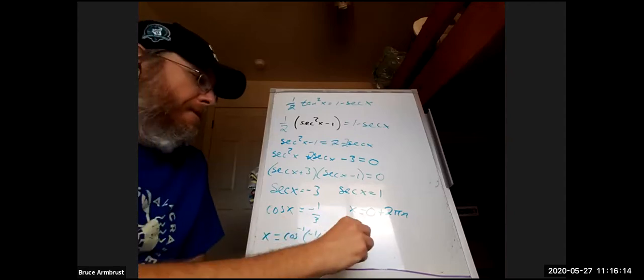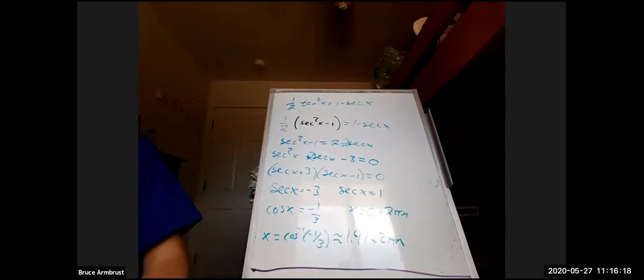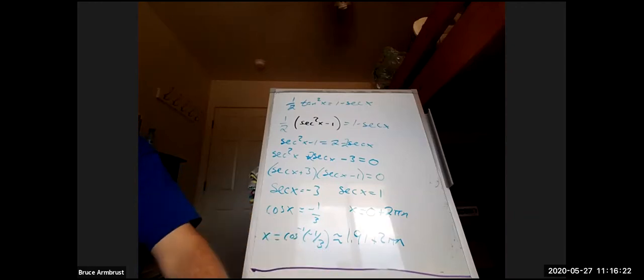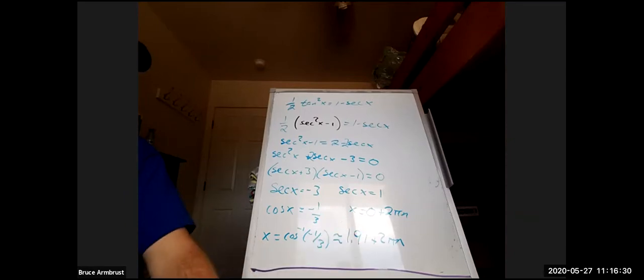So again, we want to be good about it. We should put a plus 2 pi in. We don't really need that for this specific question, since they're asking only the values between 0 and 2 pi. If I add or subtract 2 pi to this, I will no longer be in the right interval.